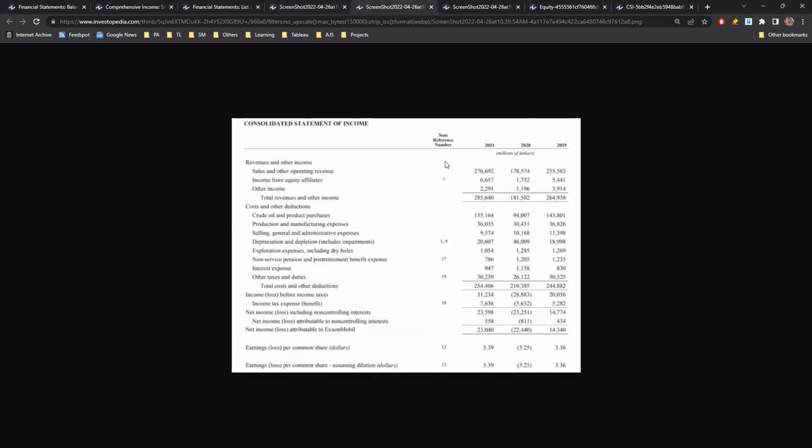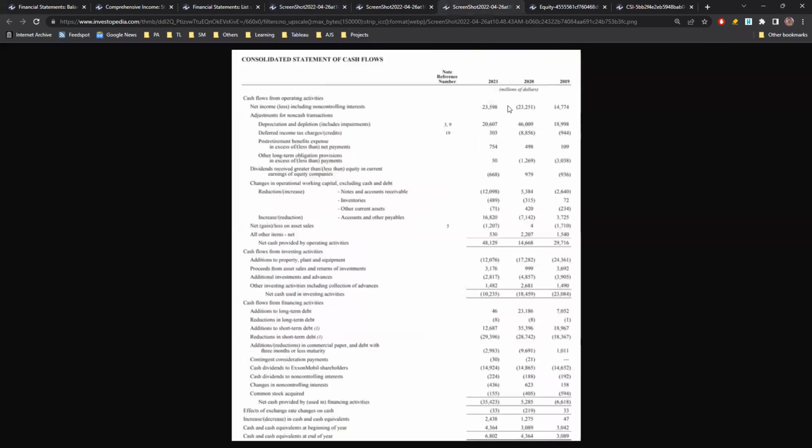And then in the P&L statement or income statement, we have seen different income sources and expenses, and the final net income, what is the profit or loss that particular company has made in each year, right? And we can see in 2020, it has made a loss of 22 billion. We have also covered the cash flow statement.